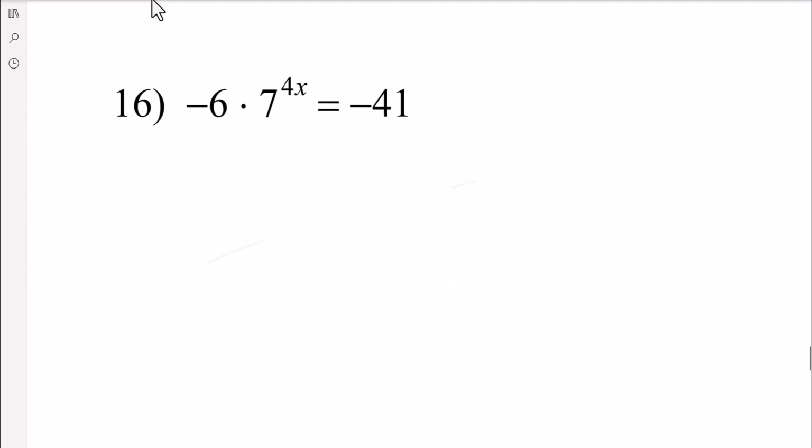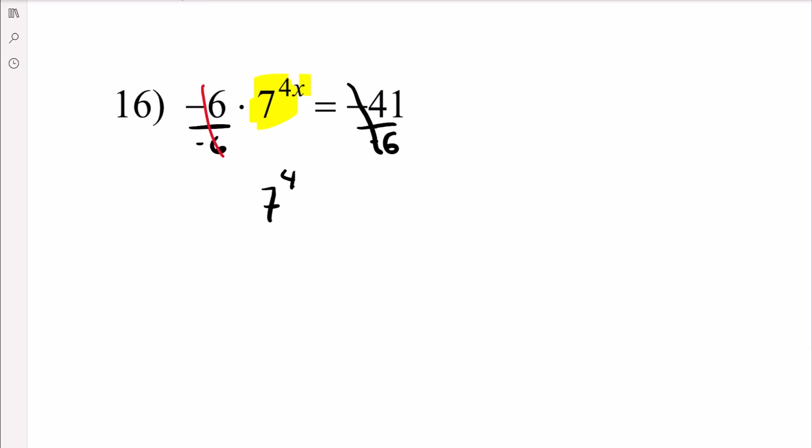Okay, come over here. We need to get all of this by itself. So we're going to divide both sides by -6. The only thing that we can cancel are the negative signs. That we can definitely cancel. So now we have 7 raised to the 4x is equal to 41 over 6.